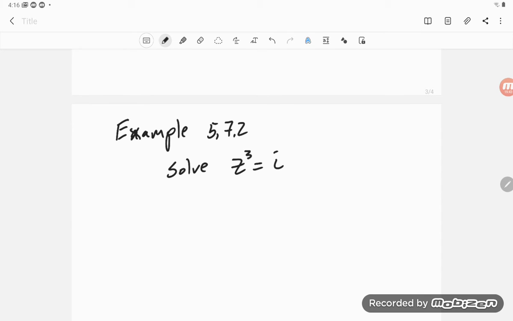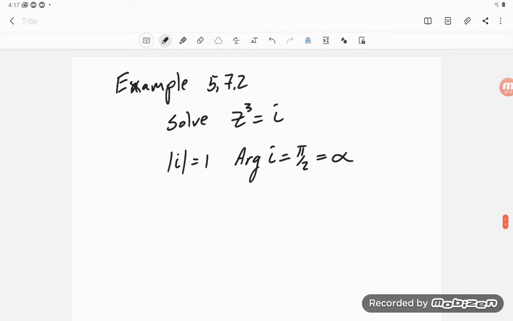So we want to solve this. If I look at i, the magnitude of i, or the modulus of i, is 1, and arg of i is equal to pi over 2. And so that's the alpha we want.